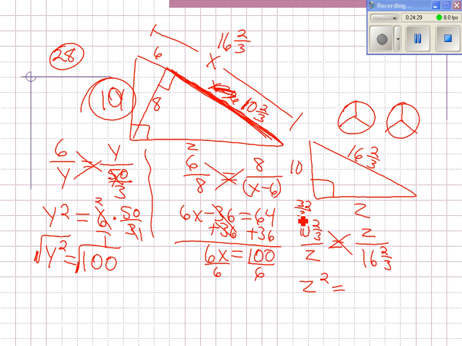Here we already changed this one. It was 50 over 3, right? So if we do it this way, Brian: parenthesis, 32 divided by 3, close the parenthesis, times, parenthesis, 50 divided by 3, close the parenthesis.